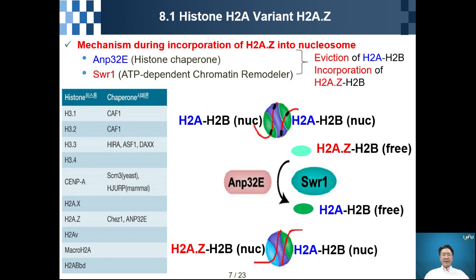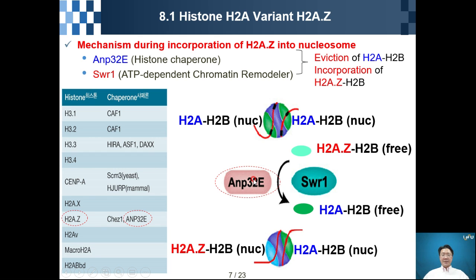In this slide, I will explain the mechanism during the incorporation of H2AZ into the nucleosome. Previously we learned that each histone variant has a unique chaperone. For example, H2AZ has ANP32E as a chaperone. During the incorporation of H2AZ into the nucleosome, ANP32E functions.